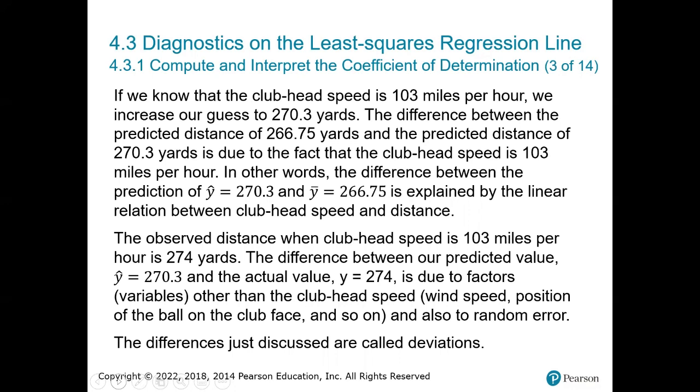In other words, the difference between the prediction using the value of the equation and the average value is explained by our equation, that linear relationship that we have created. All right, that is what we created this equation from. The observed distance, though, was 274 yards.